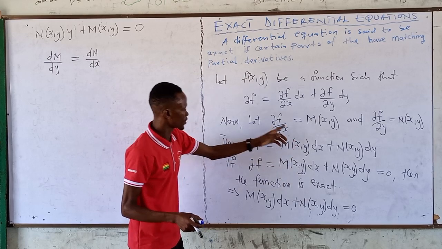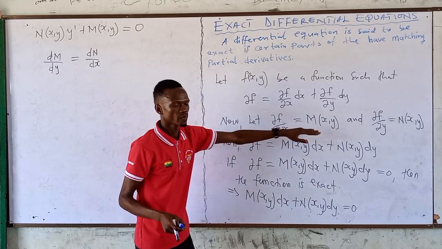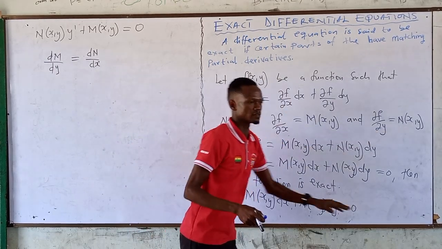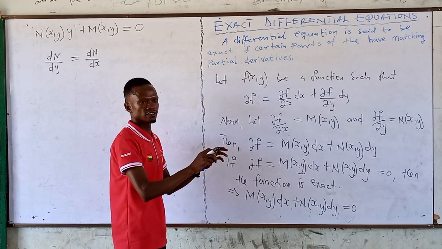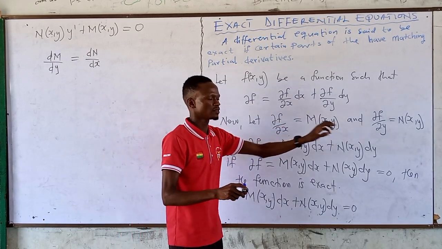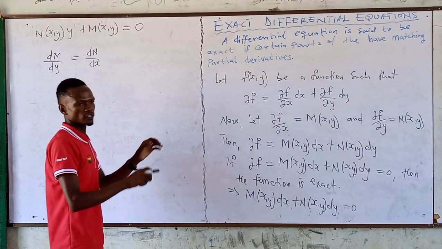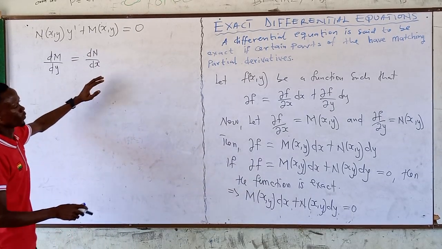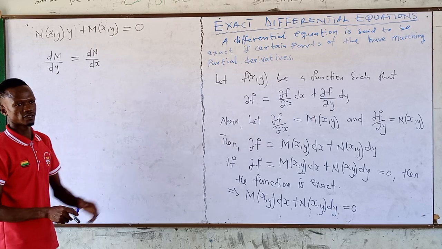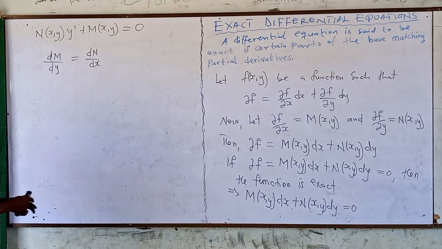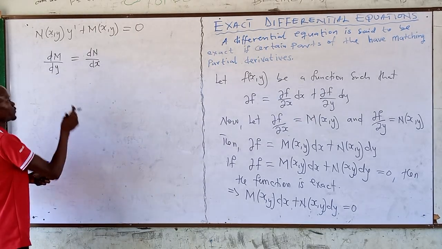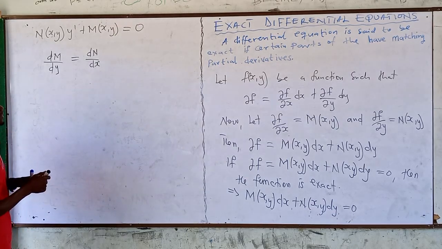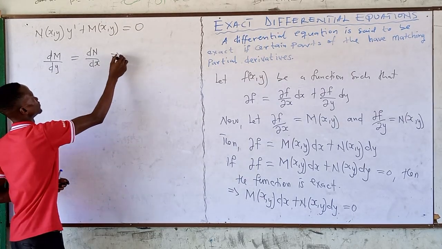From here, we have represented this as M and this as N. So if we take the partial derivative of both M and N, and the two are the same, we say that the equation is exact.